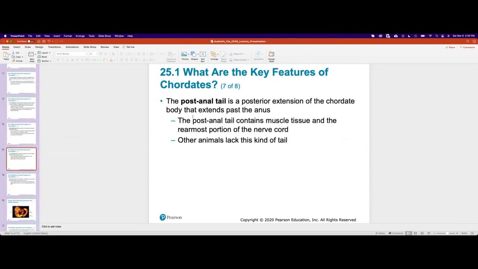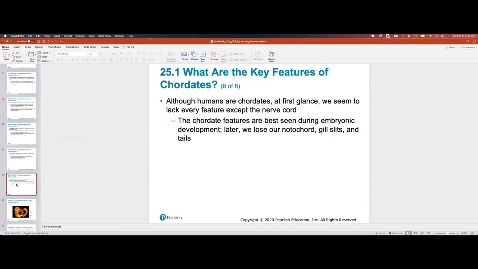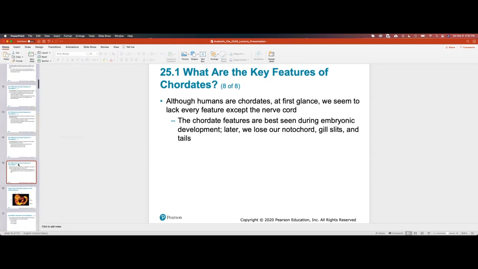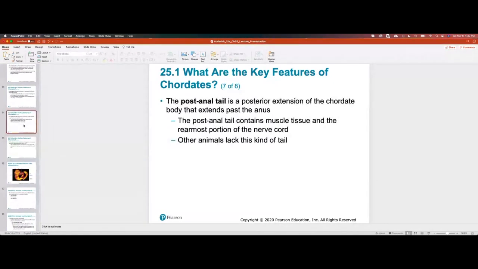Post-anal tail, well, it's kind of what it sounds like. It's a little bit of a tail. I don't know what to tell you. So the post-anal tail contains muscle tissue and the rearmost portion of the nerve cord. And so that post-anal tail actually doesn't have to be super big.